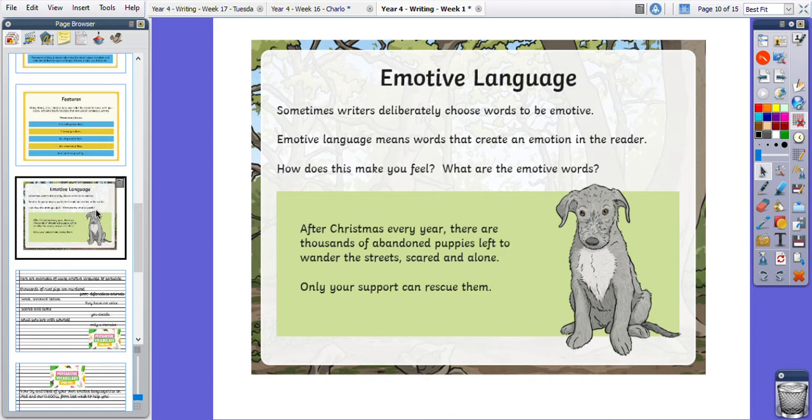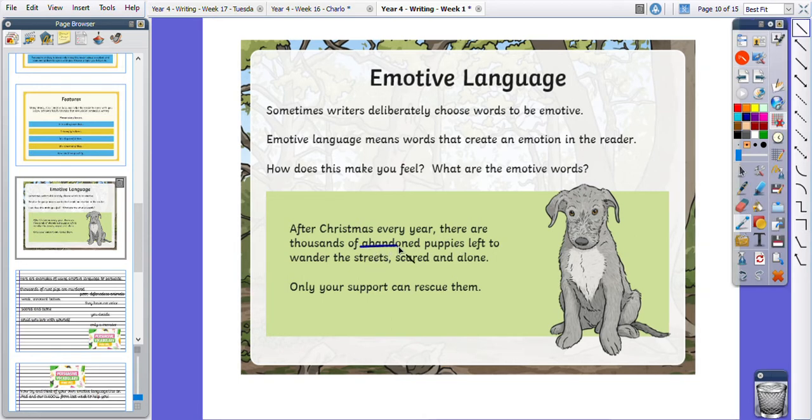Only your support can rescue them. So I think that the word abandoned puppies. Abandoned makes you feel sorry for those puppies. And the fact that they've put the word puppies, not dogs, so it's making you think of them as poor defenceless babies, because they're baby dogs, so we feel even more sorry for them.